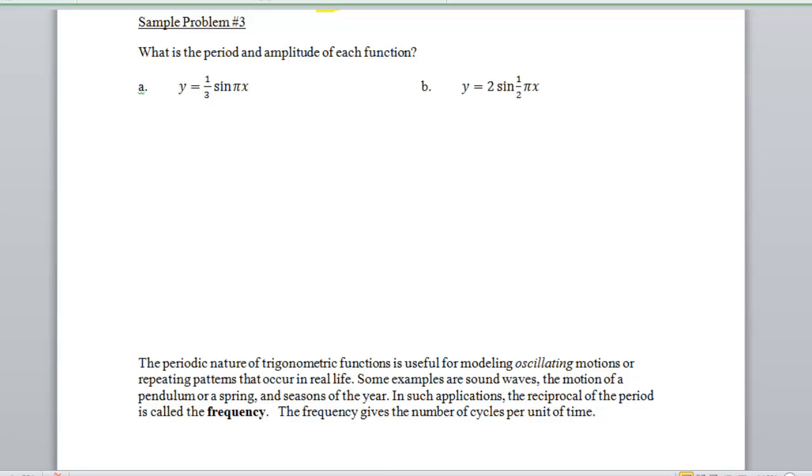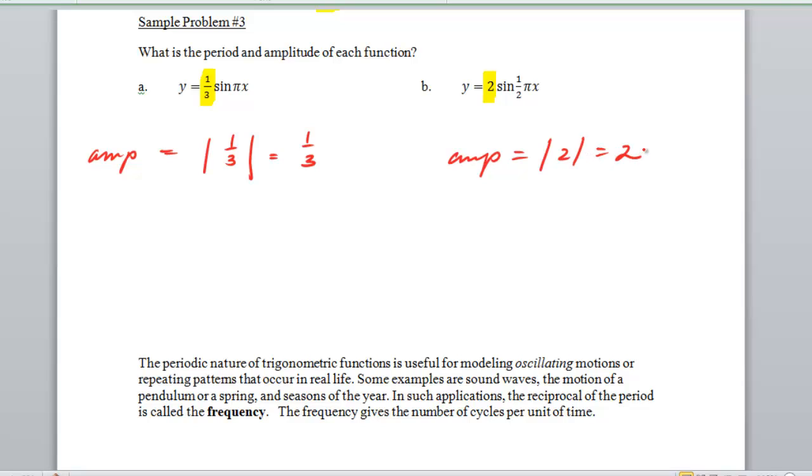Even though we have 2 problems here, I'm going to break it up according to amplitude first and period second. If we look at the amplitude of each of these, we are dealing with the a value, and the amplitude has to be the absolute value of that, so we get a positive length.